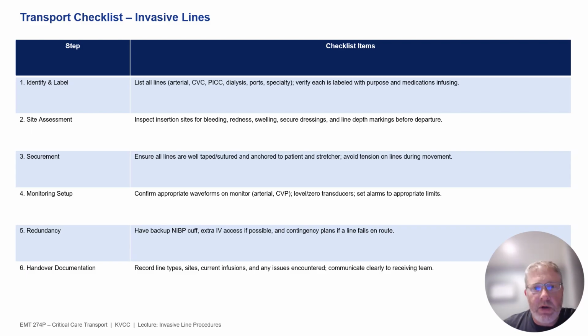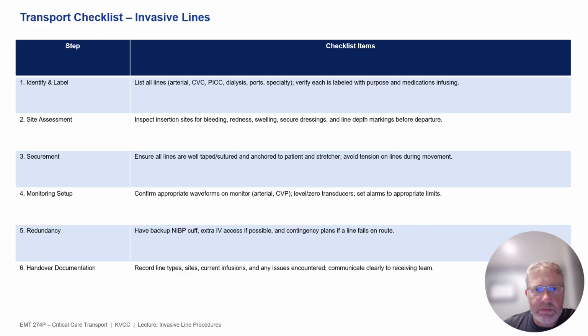Step five: redundancy. Have a backup plan. Always have a backup plan. Have a blood pressure cuff ready. Have at least one peripheral IV if you can get it. And have a contingency for any line that might fail.